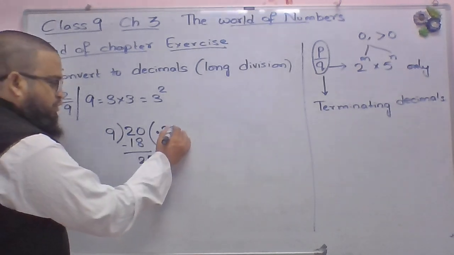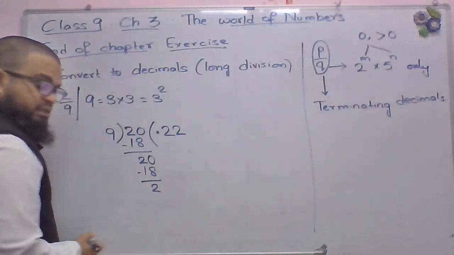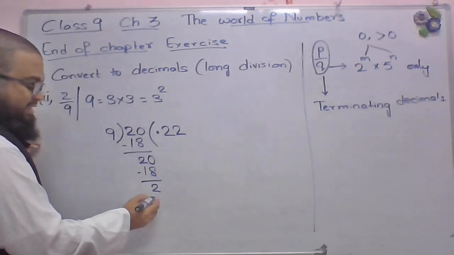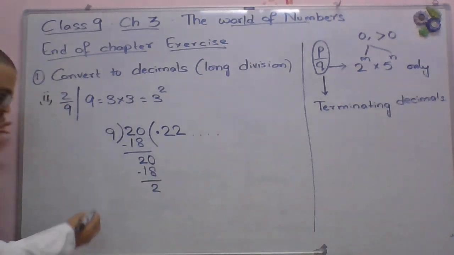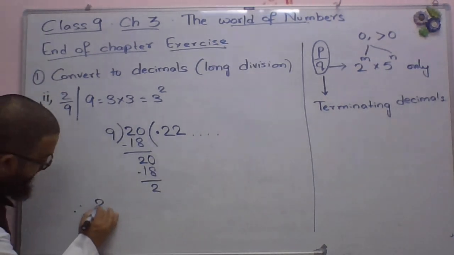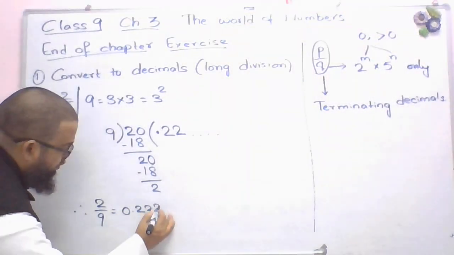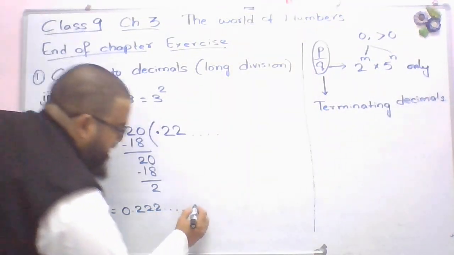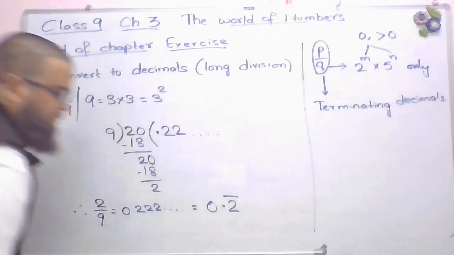And 9 2s are 18. Now what is the remainder? 2. So this series is continuing. So you will get the same answer. So that means 2 by 9 is equal to 0.222 and so on. So that can be written as 0.2 bar.